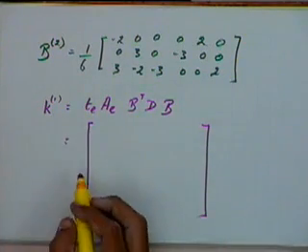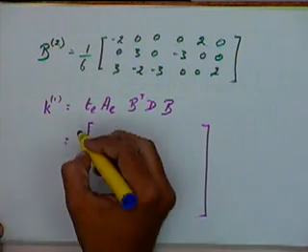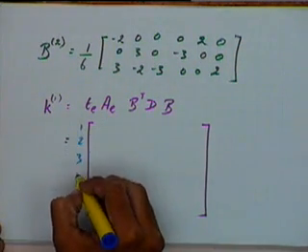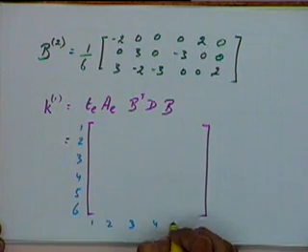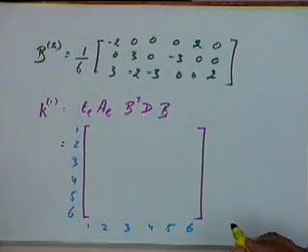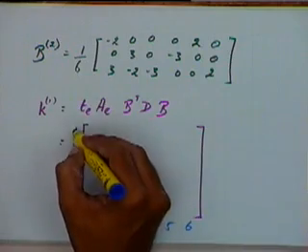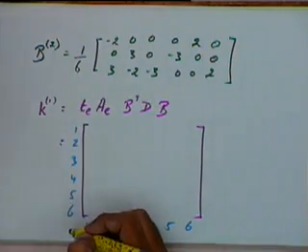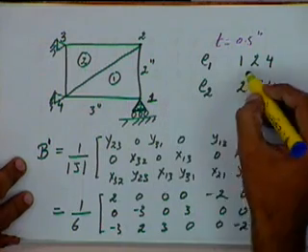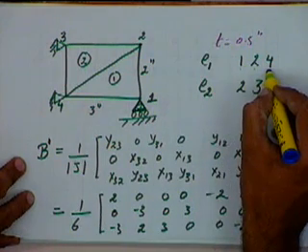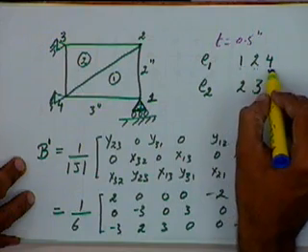So this will be a 6 by 6 matrix, and these are the local node numbers, and if I look up my element 1, that is defined between nodes 1, 2 and 4. So the global node numbers will be 1, 2 and 4.